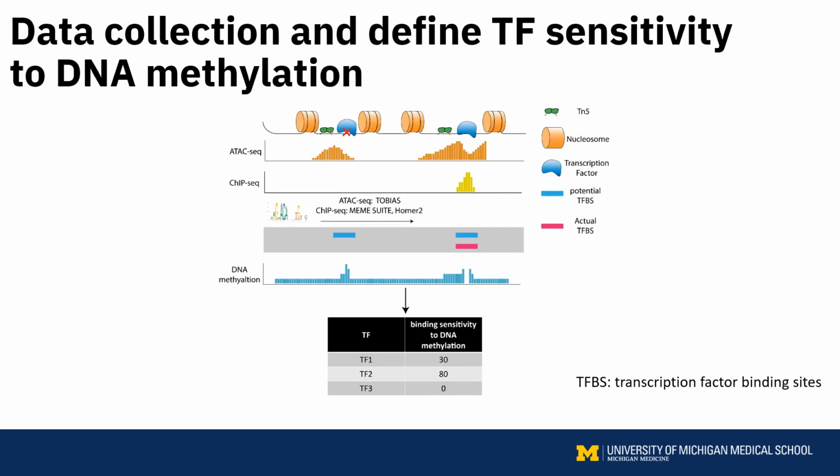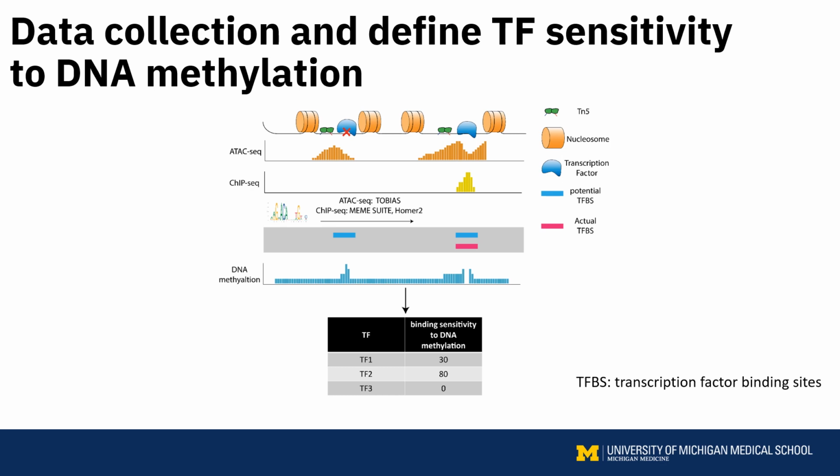To begin with, we collect data and define a score to represent the TF binding sensitivity to DNA methylation. We collect both ATAC-seq and ChIP-seq data, and we use motifs to scan the peaks of the ATAC-seq and perform footprinting. We also scan the ChIP-seq data and obtain the potential transcription factor binding sites and actual transcription factor binding sites.